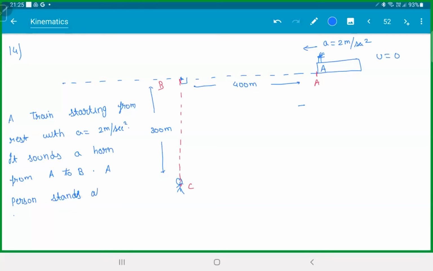The speed of sound is 300 meters per second. Actually, speed of sound is 330, but for calculation, we'll keep it 300. So the question is, it sounds a horn from A to B, meaning after reaching B, the horn will stop. For how long did the person at point C hear the sound?